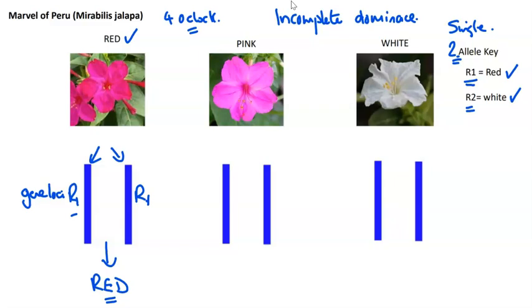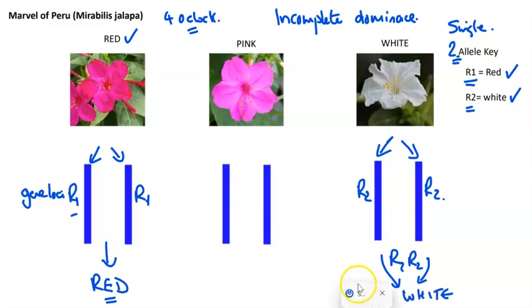At the opposite extreme, we have this homologous pair, where we have alleles R2, R2, the genotype R2, R2, and when expressed, these alleles bring about the formation of a white petal.